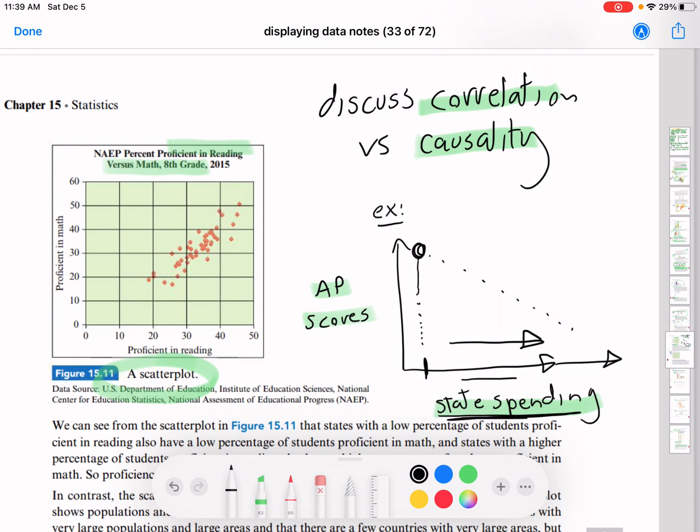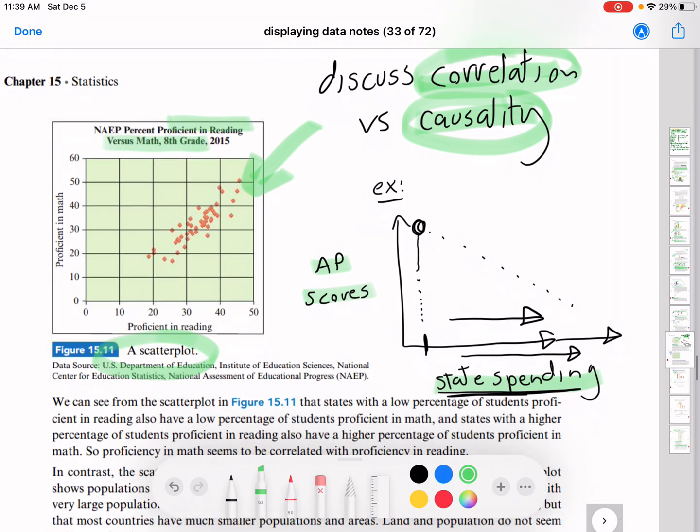And states who spent lots of money maybe had 3 or 4 or 5 AP classes per school. So many students were taking the AP tests, which meant on average the test scores may be going down. So anyway, scatter plots. They're very, very helpful, but you must understand them as correlation, not causation.